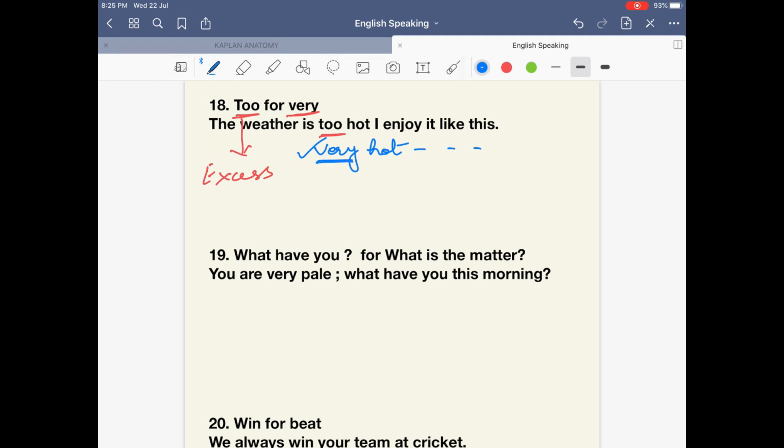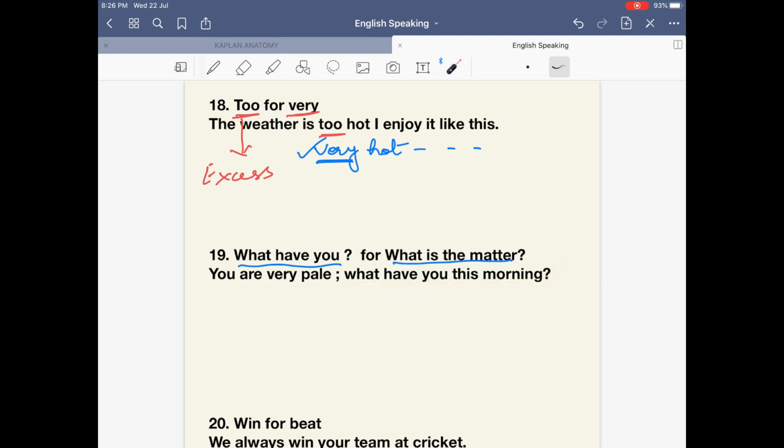The next sentence is to show the difference between when to use "what have you" and when to use "what is the matter." Both are interrogative expressions. Where to use these? Like the sentence is, "You are very pale," which means you are not looking in a good state of health. "You are very pale. What have you this morning?" This expression is actually wrong.